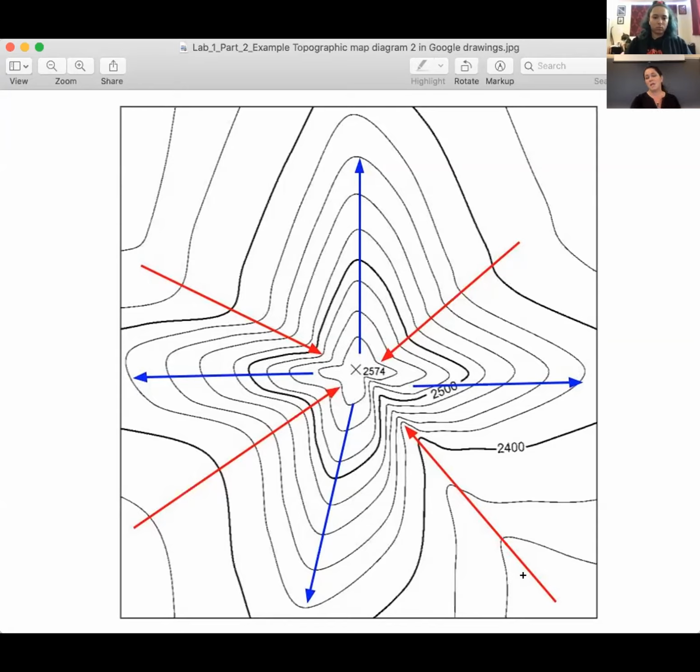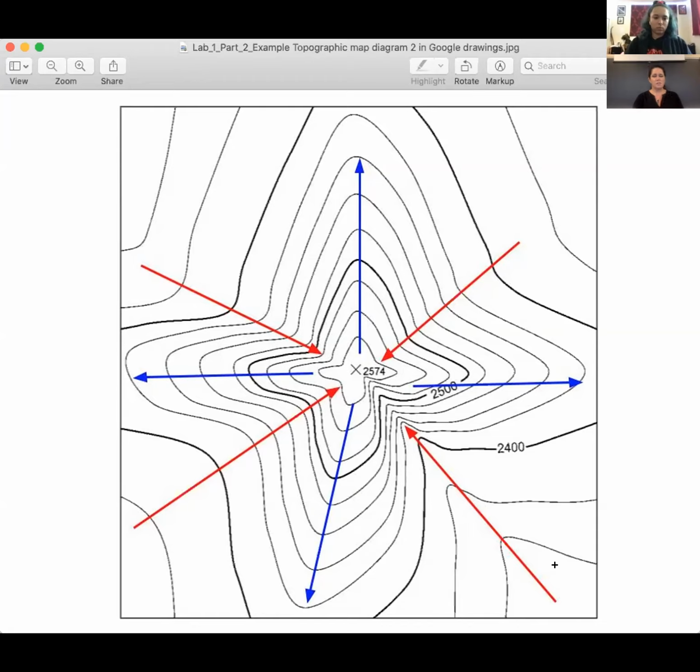So in this case, I would either put myself at the peak and look down this red arrow, or looking down, oh, I put the arrows in different directions too. Okay, so either down this blue arrow or down this red arrow.